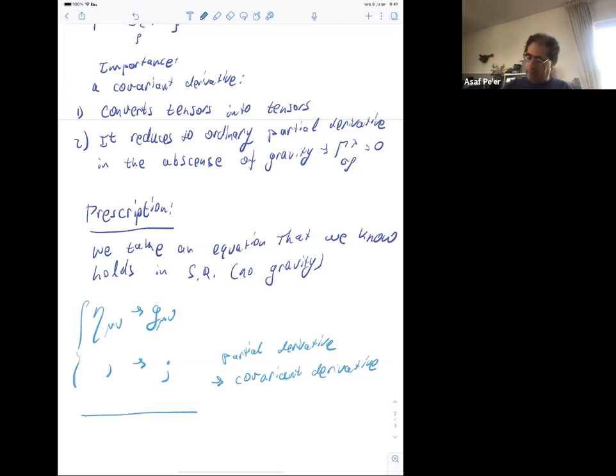Plus, this also proves that we were not wasting our time studying special relativity. Because once we have something in special relativity, turning this equation into general relativity is very straightforward. Cool, isn't it?